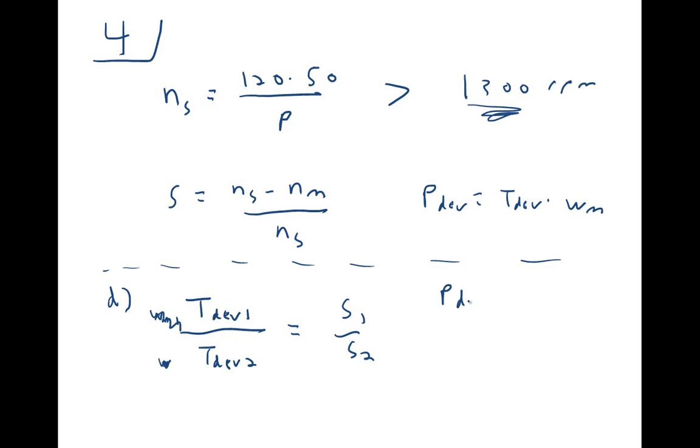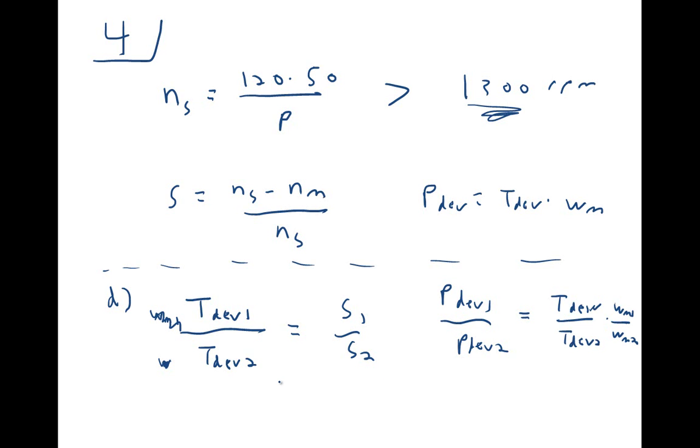So what is the relationship of power 1 to power 2? Well, power is torque, so this is going to be torque developed 1 over torque developed 2 times omega m1 over omega m2. Well, how are the speeds related?